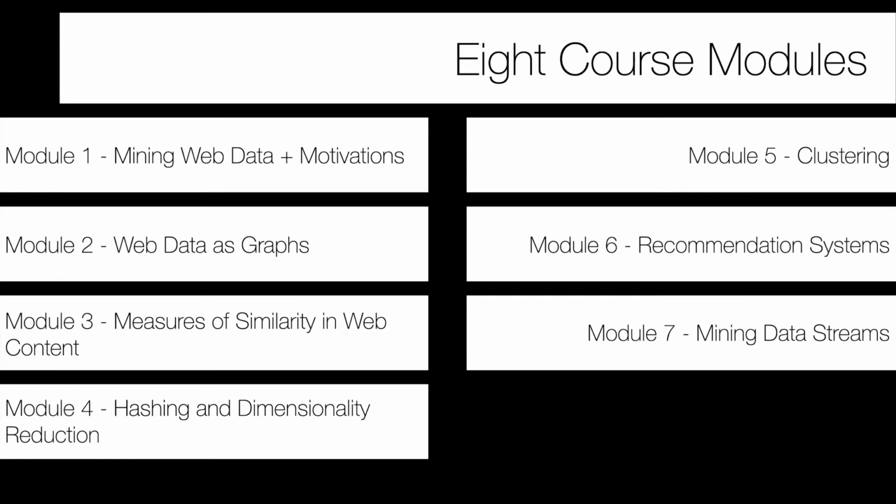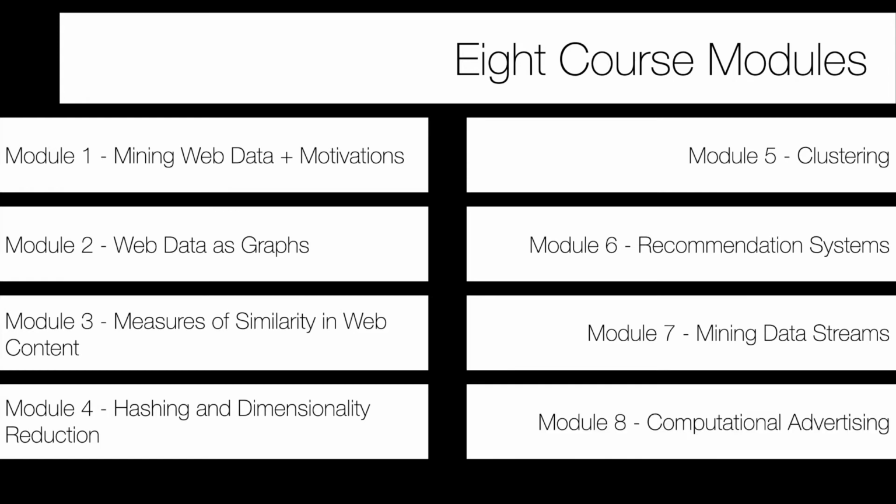So you may not work on web logs from Amazon in terms of snapshots or in batches, but may instead process them as real-time streams, which requires a different set of kinds of algorithms and thinking. And then Module 8, the last module, will be about computational advertising. So advertising makes up a huge portion of internet revenue, so we'll talk about how that kind of technology works.